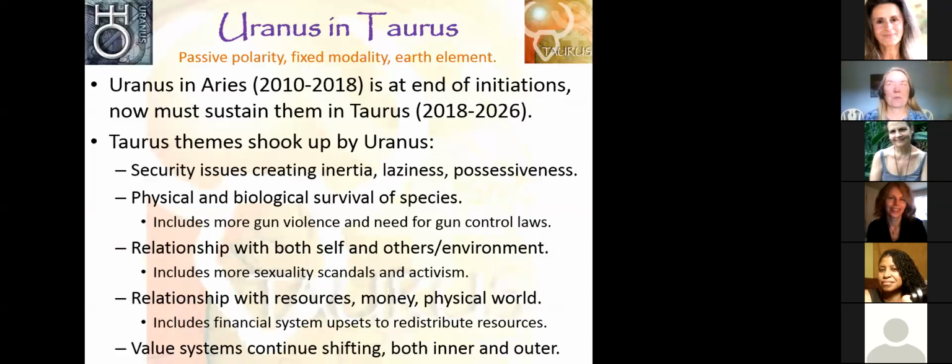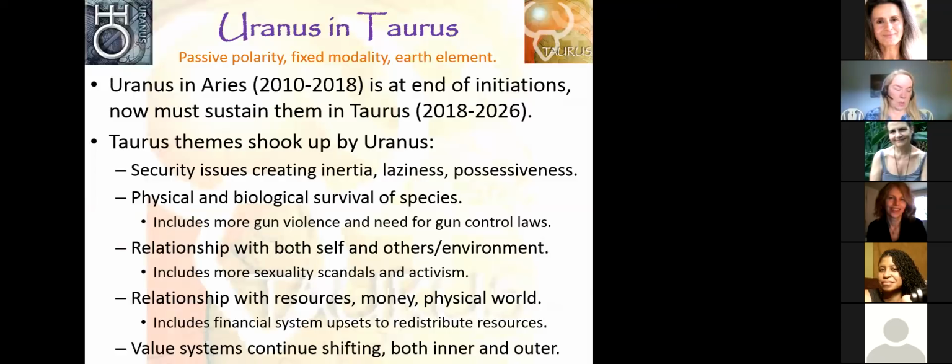But Uranus in Taurus is going to continue to have our value systems evolve, shift, expand in all kinds of ways. We're going to do it inwardly and outwardly, as an individual and collectively.